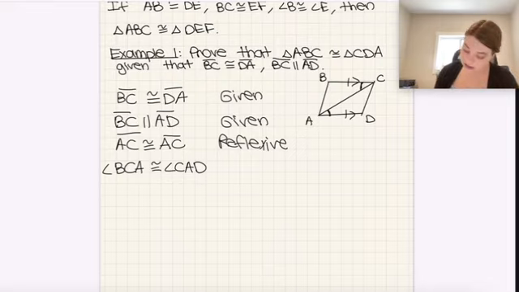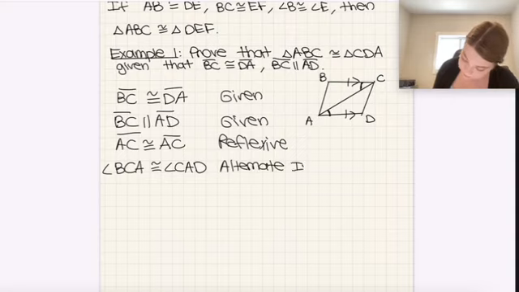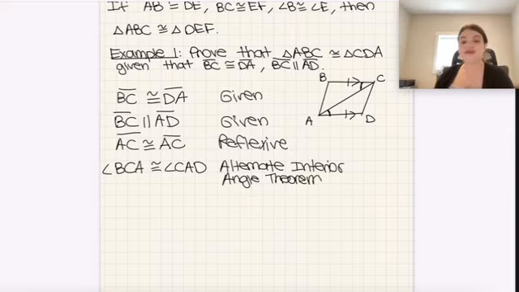And so therefore, we can use the alternate interior angles theorem to say that these two angles are indeed congruent, right? So we may not have directly used the fact that BC and AD are parallel. However, this was a key piece of information, because we needed it in order to make the conclusion that the angles are congruent, and that is one of our three criteria.